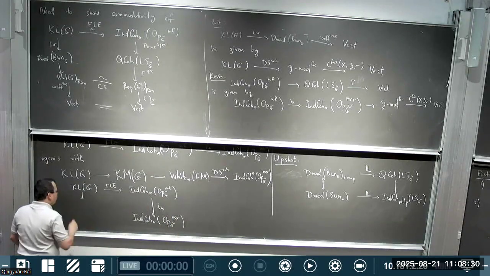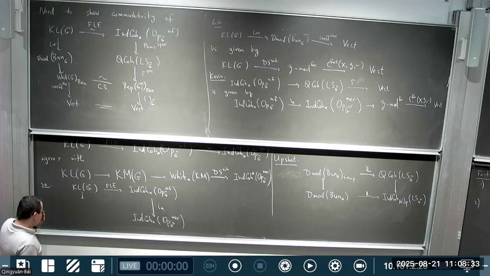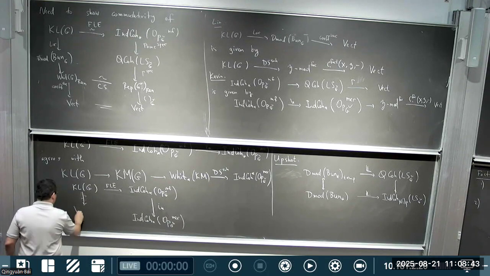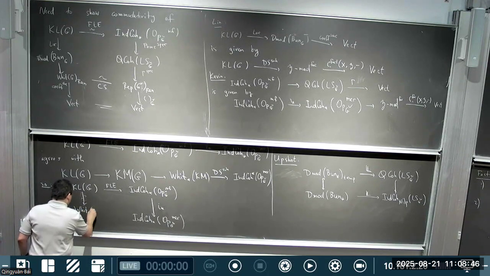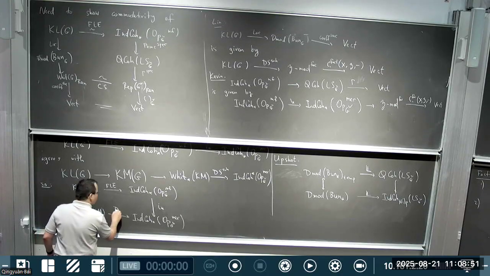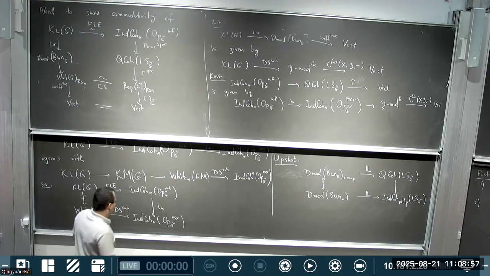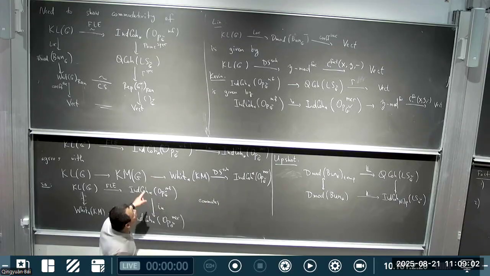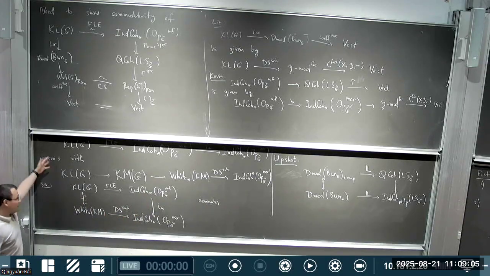And on the other side, what makes this commute is that you map it to Kac-Moody, and then do this enhanced version of Drinfeld-Sokolov, and so this commutes. I just rewrote what this says.